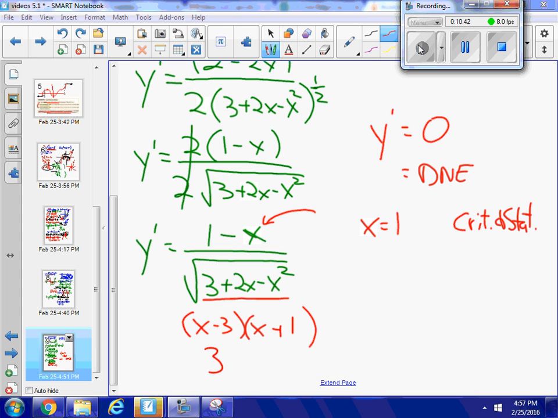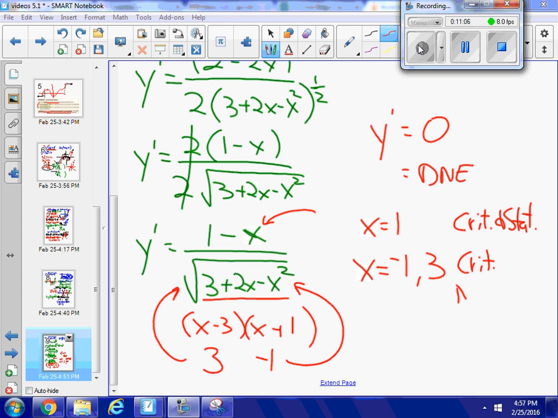So if x equals 3, this is going to be equal to 0. If x equals negative 1, this is going to be equal to 0. And I will have a denominator that's 0. I'm not allowed to have that. So where x is equal to negative 1 or 3, I have a critical point that is not stationary.